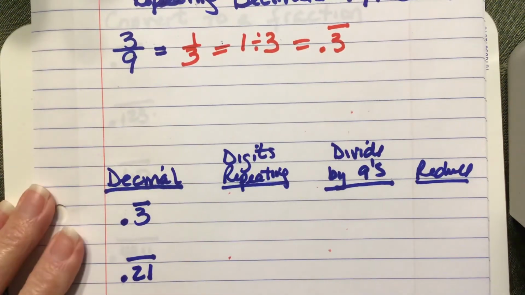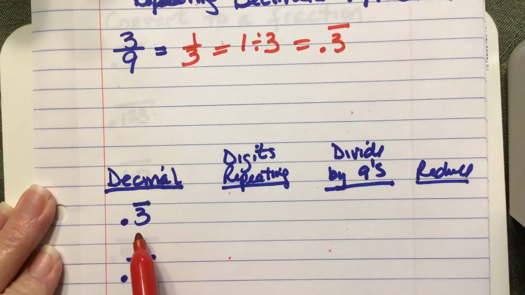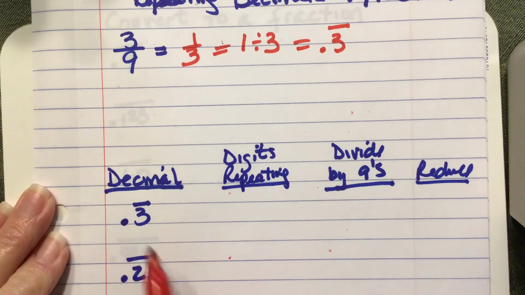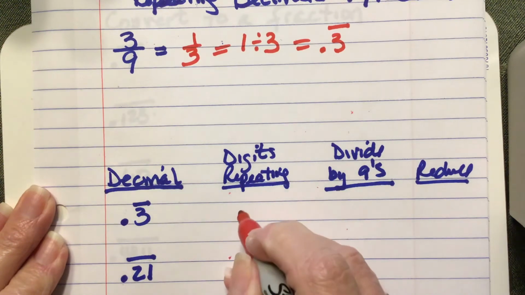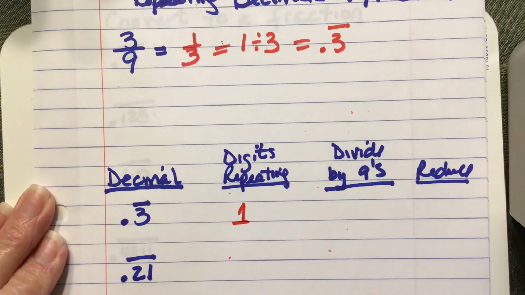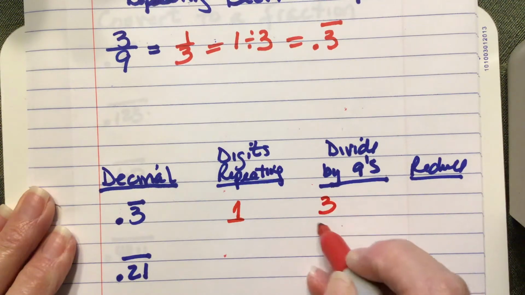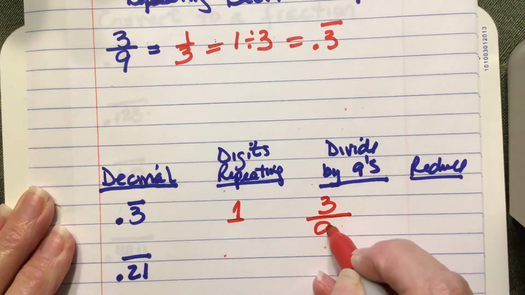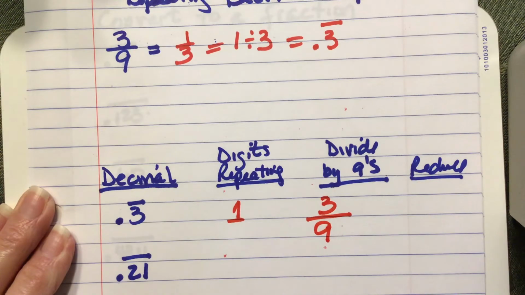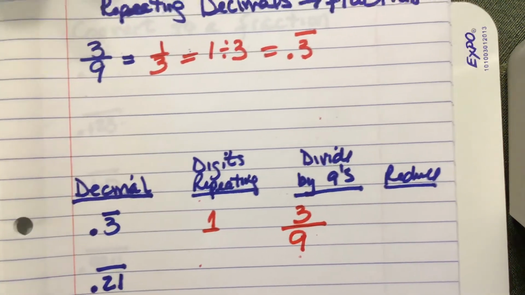So what I'm going to do is take notice of how many digits are repeating. So in the 0.3, I have just the 3 that repeats. So I have one digit that repeats. So what I'm going to do is take that number that repeats, 3, and divide it by 9. So I'm changing it to 3/9.